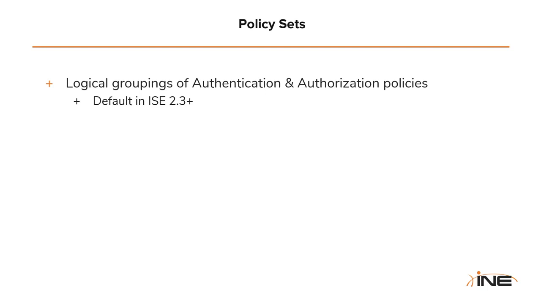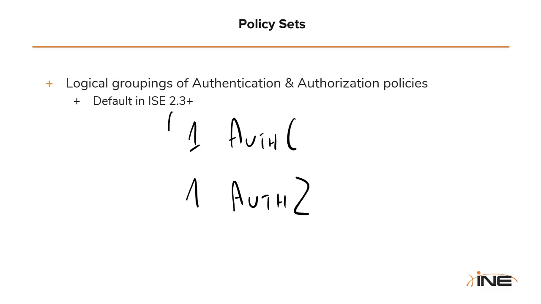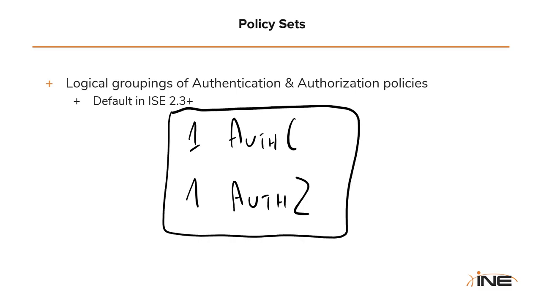And then in very old versions, it wasn't even possible to use this feature, which meant that you were dealing with just one authentication and one authorization policy, and this was global for the entire ISE node.